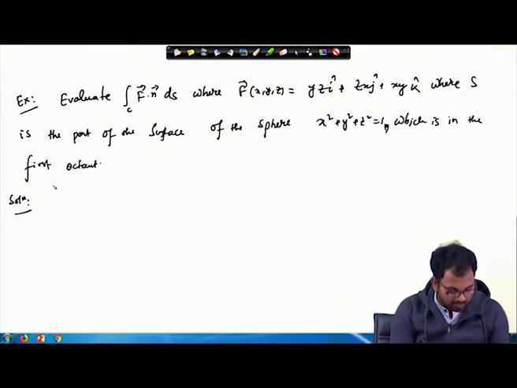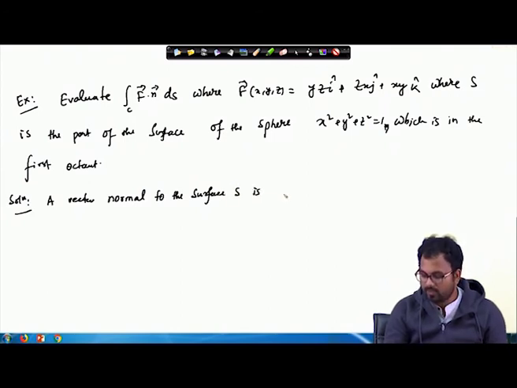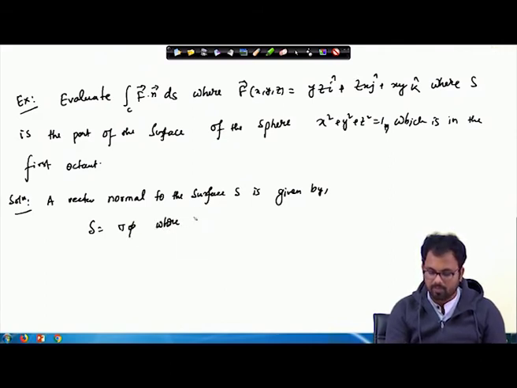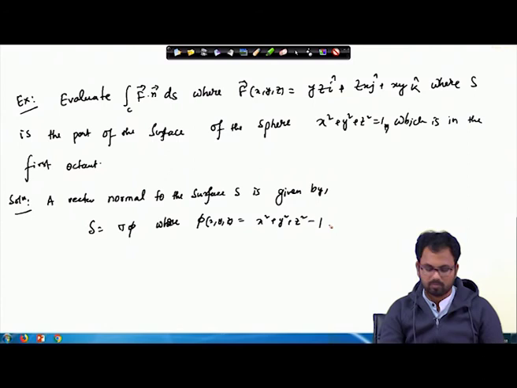So, a vector normal to the surface S is given by grad phi, where phi(x, y, z) equals x square plus y square plus z square minus 1.